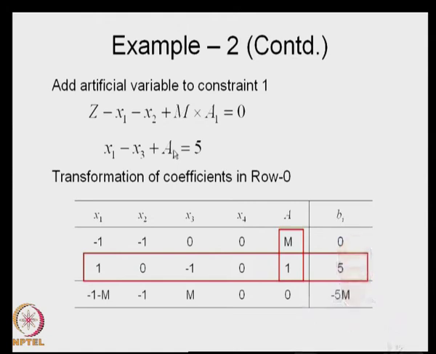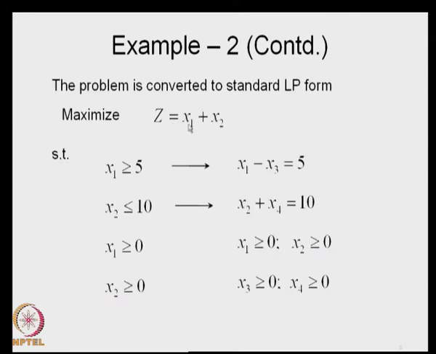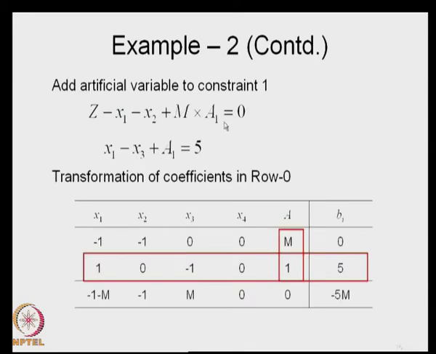Because you added an artificial variable, you penalize the objective function. So, you would have written z is equal to x1 plus x2 plus 0 x3 plus 0 x4 minus m into a1, because you are penalizing the objective function, and therefore, when you write the z row, it becomes plus m a1. So, the z row is written as z minus x1 minus x2 plus m a1 is equal to 0.